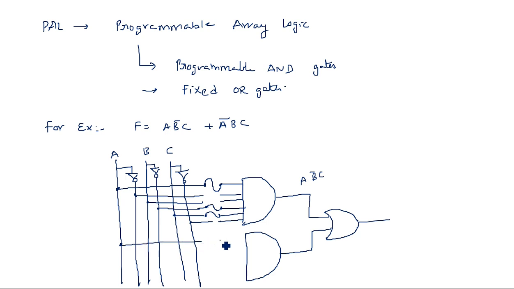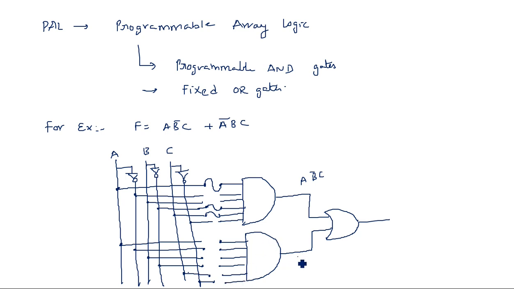We take all these 6 inputs to the input of the AND gate, and whichever is required is connected through a fuse. But the OR gates don't have any such programmability. All these are connected directly. The OR gate is fixed and the AND gate is programmable.